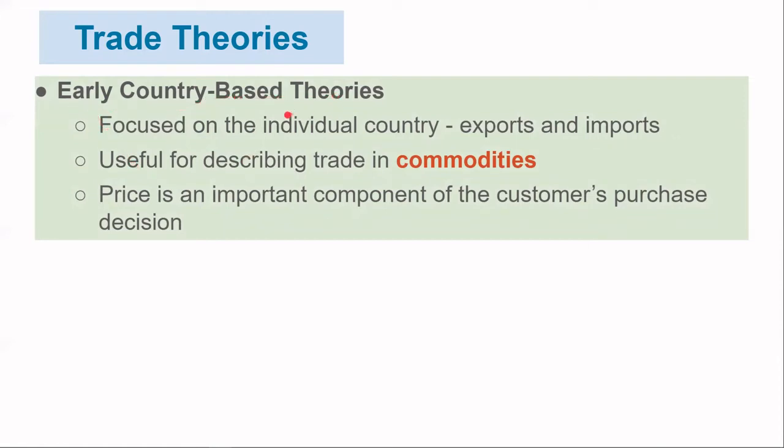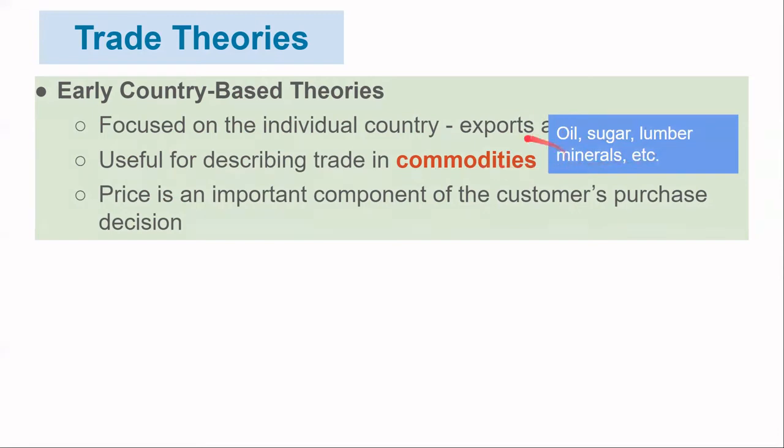Country-based theories focus on the individual country and mainly exports and imports, and are useful for describing trade in commodities especially, such as oil, sugar, lumber, minerals, etc. And when trade occurs, with export and import between two countries, price is the most important component in the exchange of goods and services.